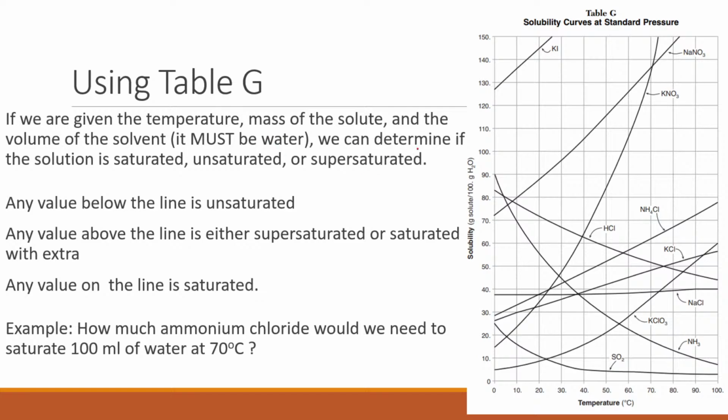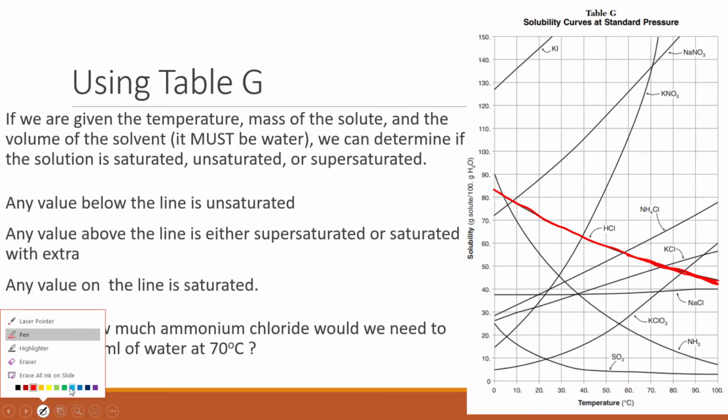So let's take HCl for example. Let me bold over this line. This is the line for HCl. Any value below the line is unsaturated.